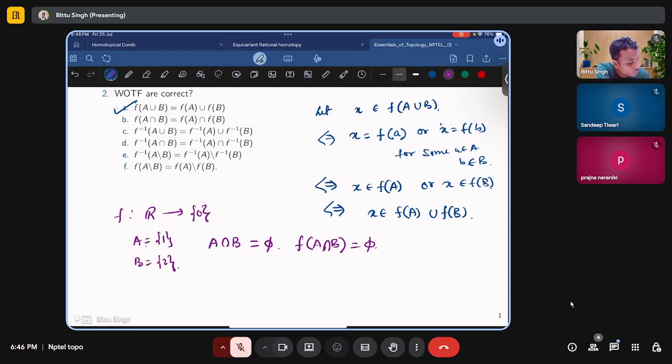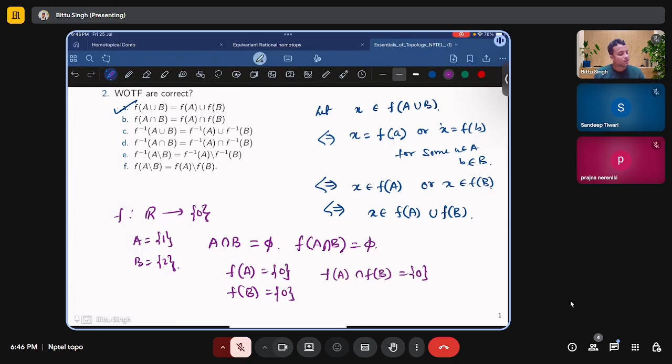But if you apply f here, f of A is the constant value. Everything goes to 0. So f of A is {0}. f of B is {0} again. So f of A intersection f of B means common between those two things, which is {0}.